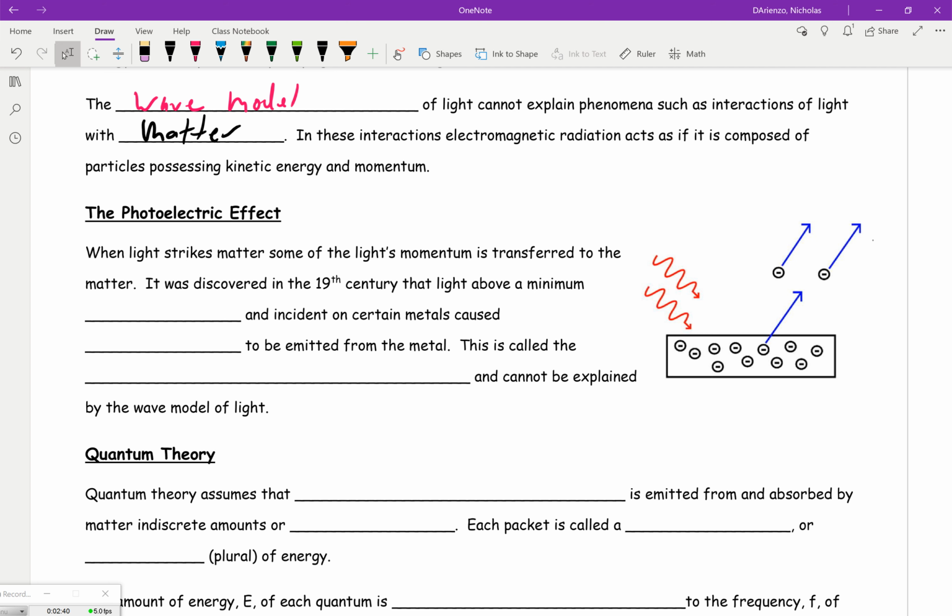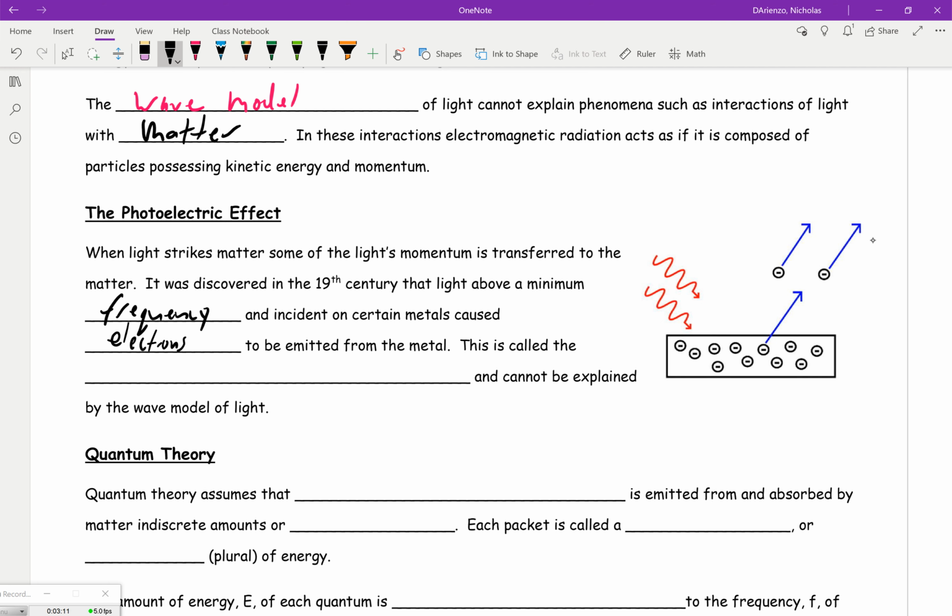Now, it was discovered in the 19th century that light that's above some minimum frequency, so having enough energy, nothing that's real low frequency or low energy, and is incident on certain metals, caused electrons to be emitted from the metal.